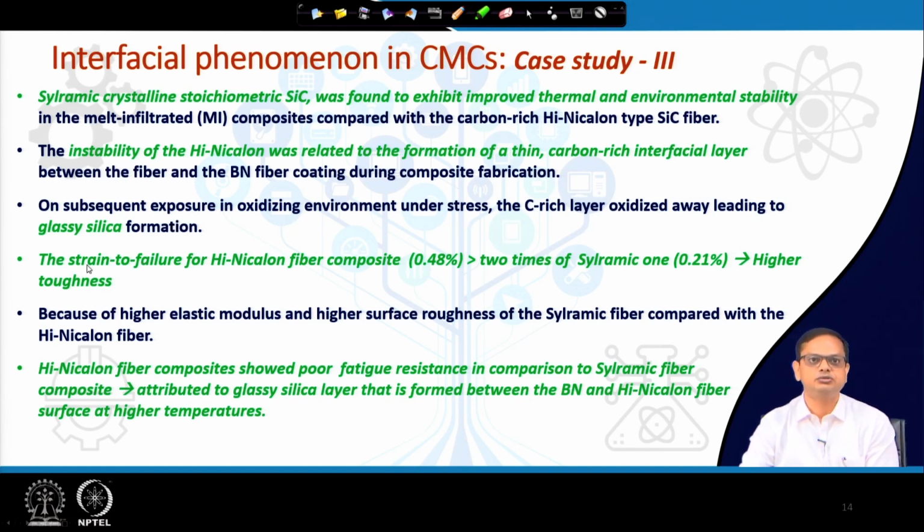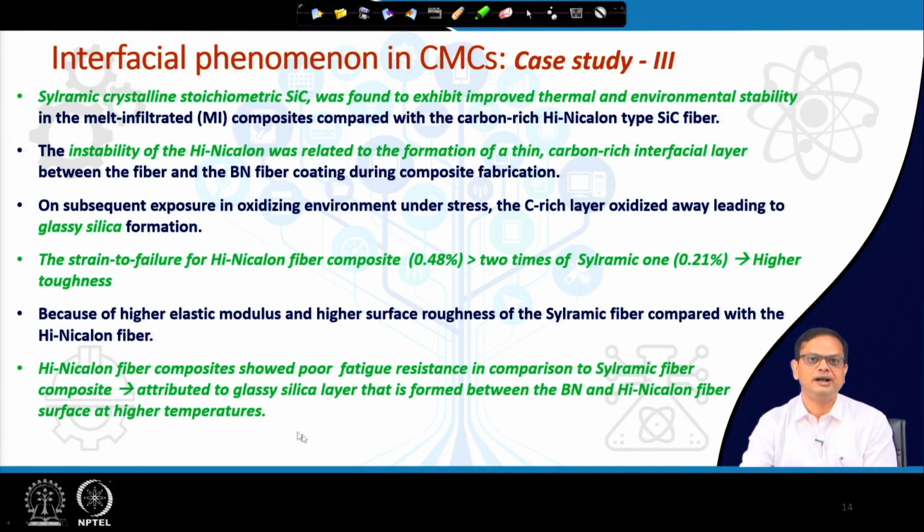And that is why, initially, you have seen that the strain to failure for the high nickelon fiber is quite high. The fracture toughness is higher, and that comes from the surface roughness and the higher modulus of the ceramic fiber. That leads to better interfacial bonding and less strain to failure.